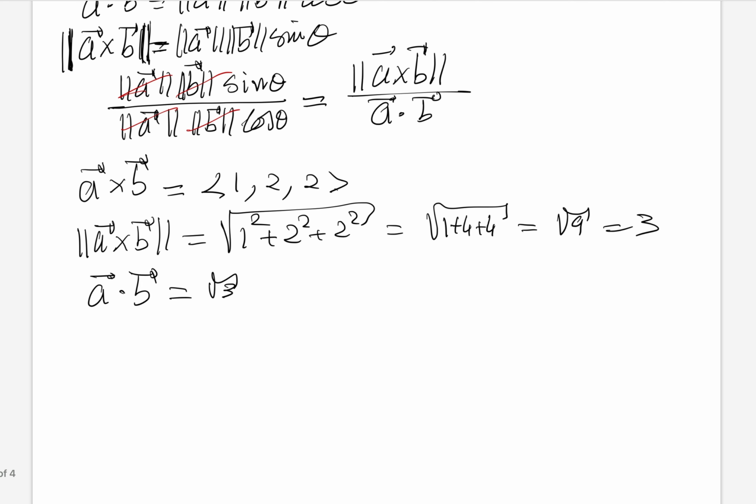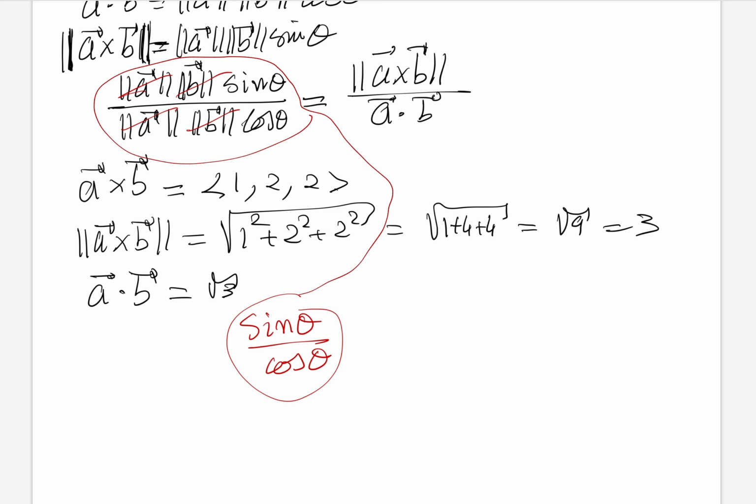So what you end up having is sine theta divided by cosine theta. This is equal to the one on the top, 3, divided by the one on the bottom, square root of 3.